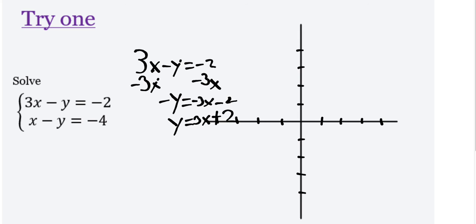So we need to graph it. That's all I actually wanted you to do in the first place. It's okay if you did that to show your work, how you did it.